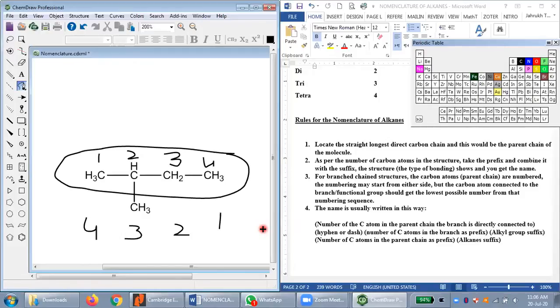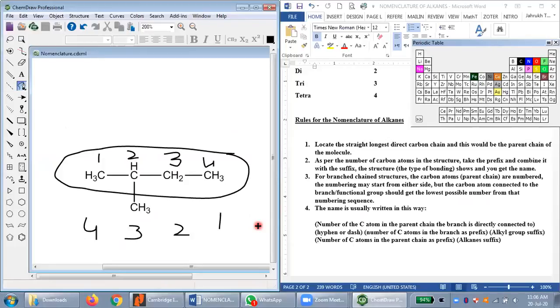If you go from right to left, the carbon number that is directly connected to the branch is 3. But if you go from left to right, the carbon number that is directly connected to the branch is 2 actually. And step number 3 says that you have to go for the lowest possible number. So the lowest possible number is 2, not 3. So actually, the problem over here is that right to left numbering sequence is not correct for this case.